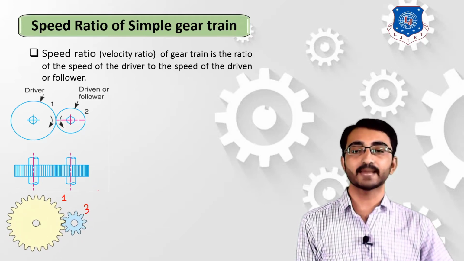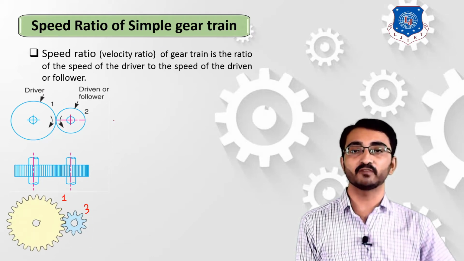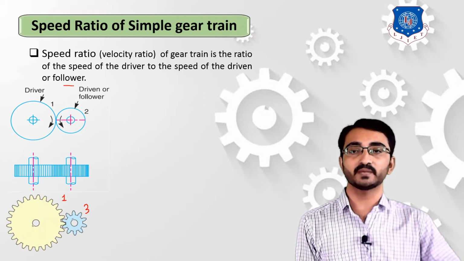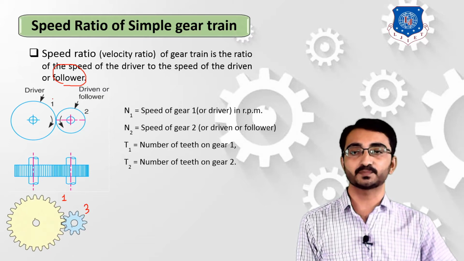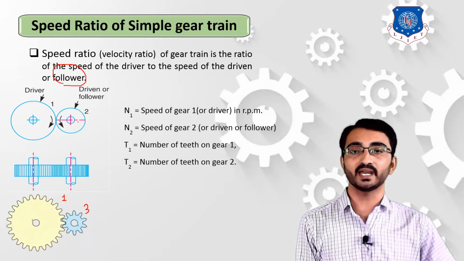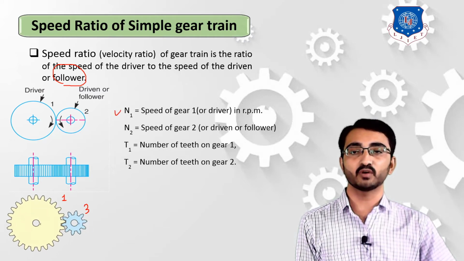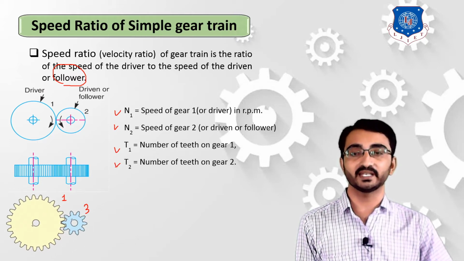The driven is also termed the follower gear. So for this assembly, let's consider that gear 1 and gear 2 have speeds N1 and N2, and T1 and T2 teeth, that is the number of teeth on gear 1 and gear 2.